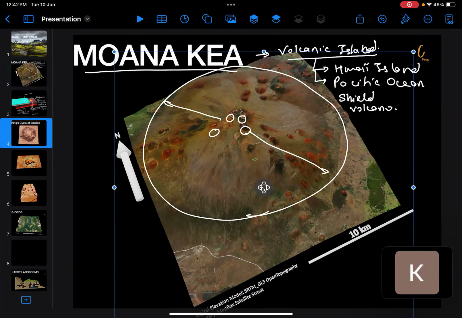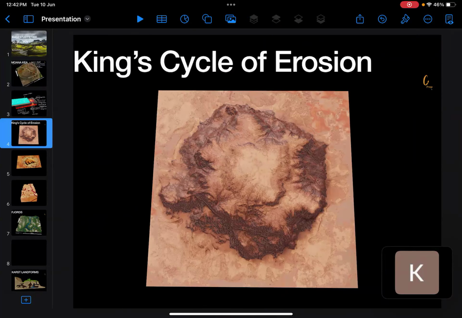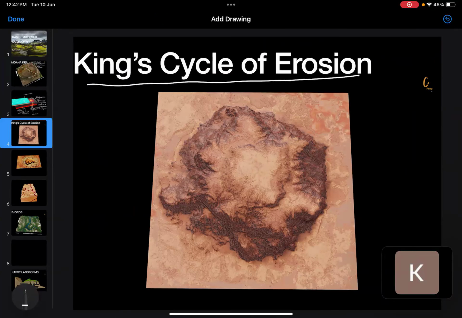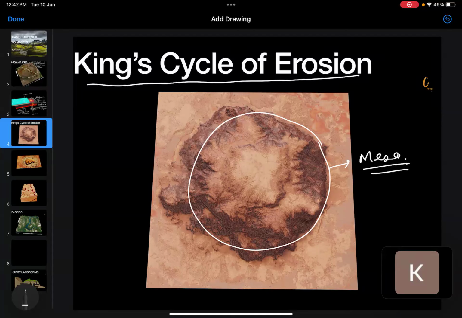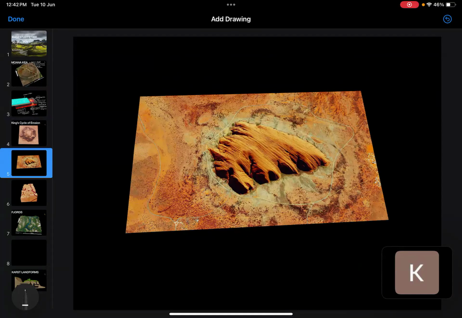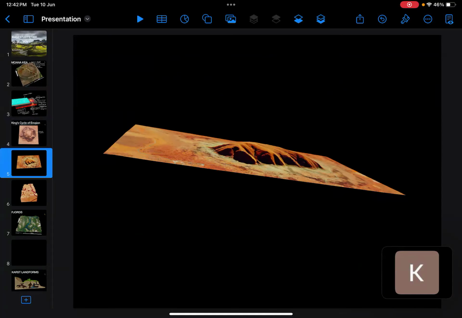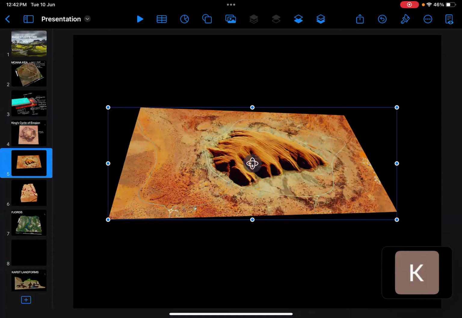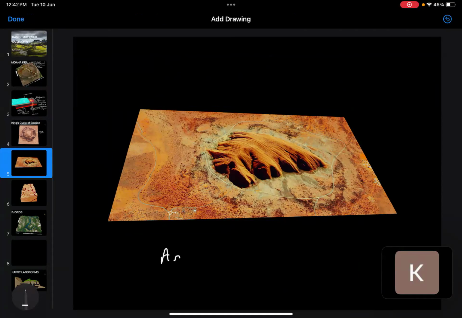Okay. Now, the next part we have is the King cycle of erosion. So here the landform which we are seeing is a mesa. Okay. When we look at mesa, how is it formed? So in the arid region, okay, this is also part of the arid cycle of erosion or savanna cycle.